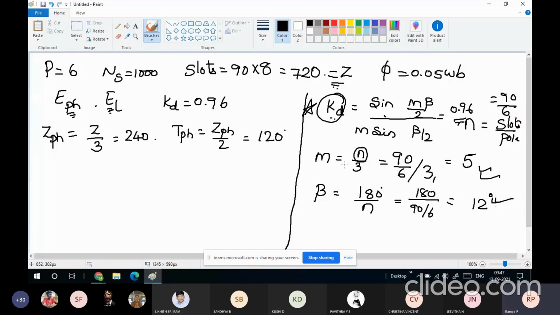Now, using this, you can easily calculate the line voltage. Whether they have given the frequency, no. If the frequency is not given, use the formula Ns equals 120 F by P. Ns they have given is 1000, with poles being 6, divided by 120. Then your frequency will be 50 hertz.